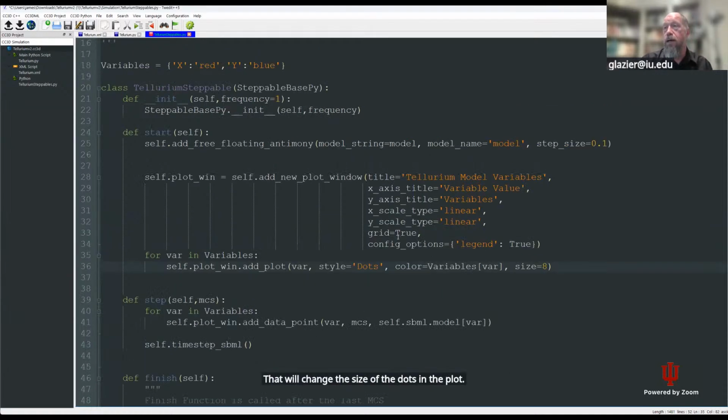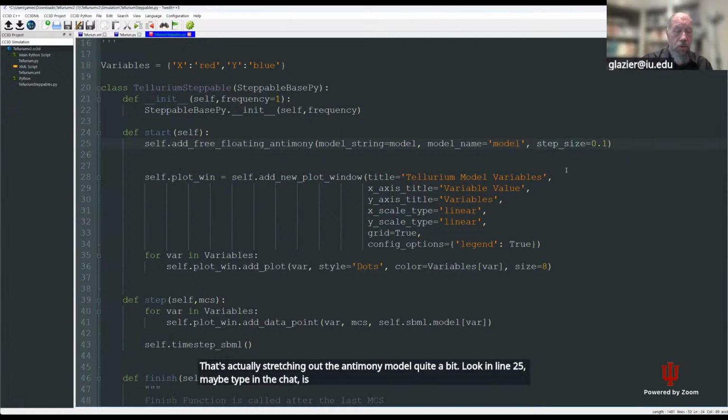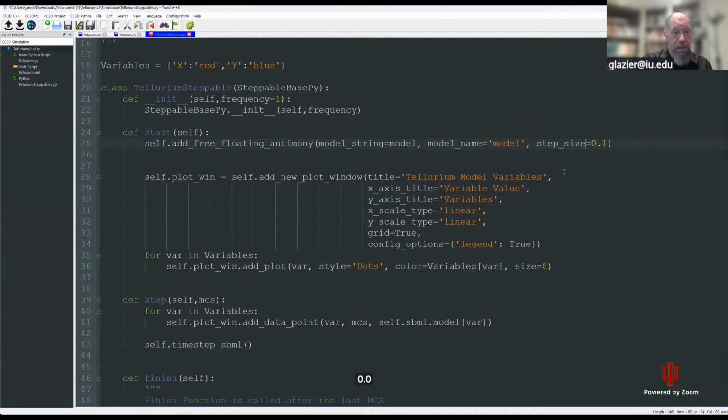You can try here. I have step size is 0.01. That's actually stretching out the Antimony model quite a bit. Look in line 25, maybe type in the chat, is the step size 0.01 or 1 or something else for you? 0.01. Okay, that's pretty good.